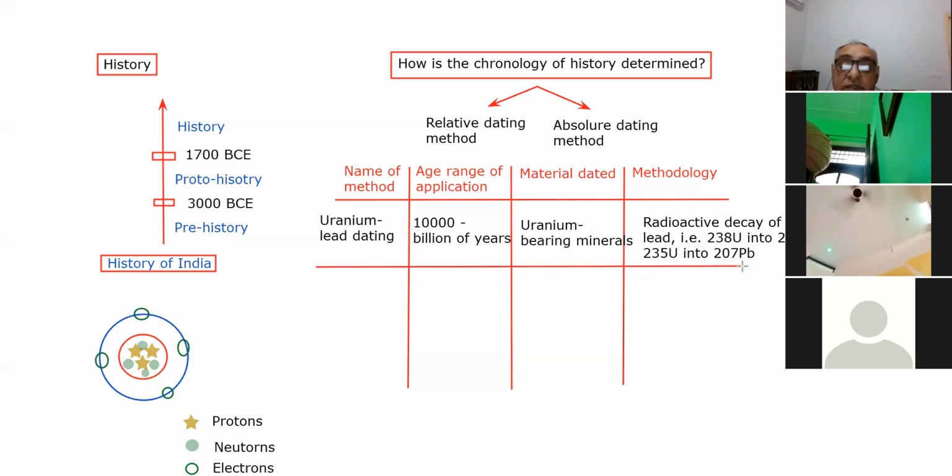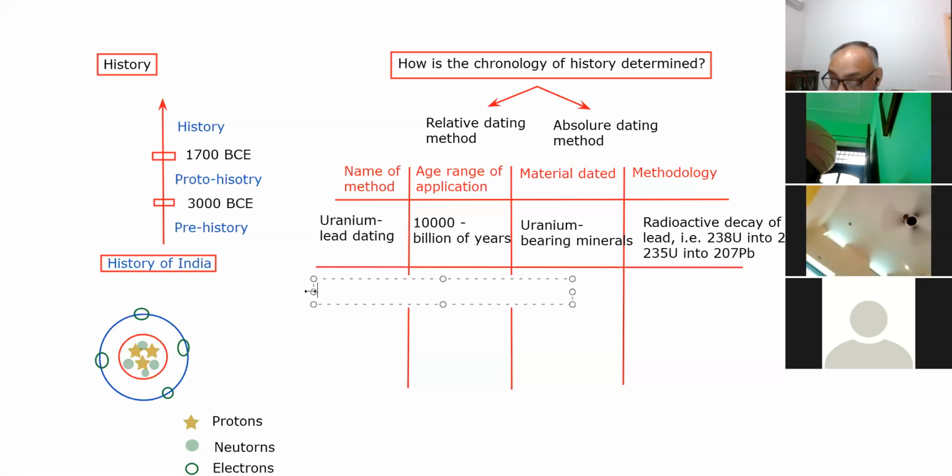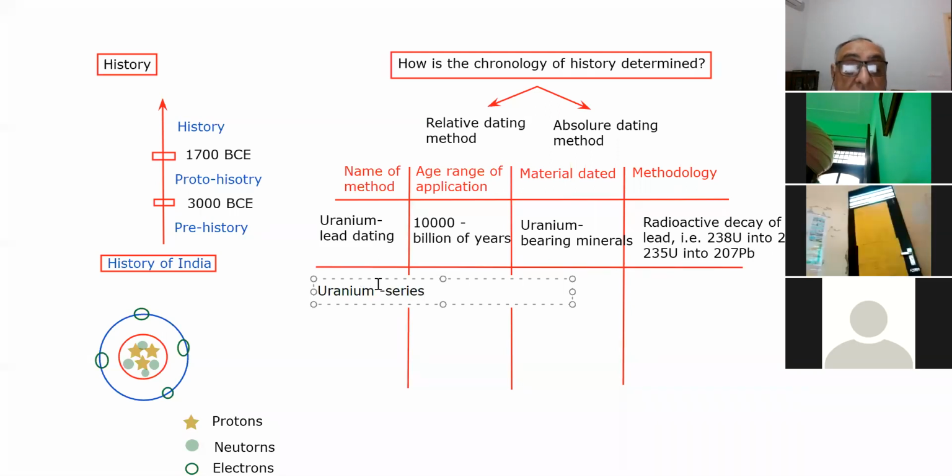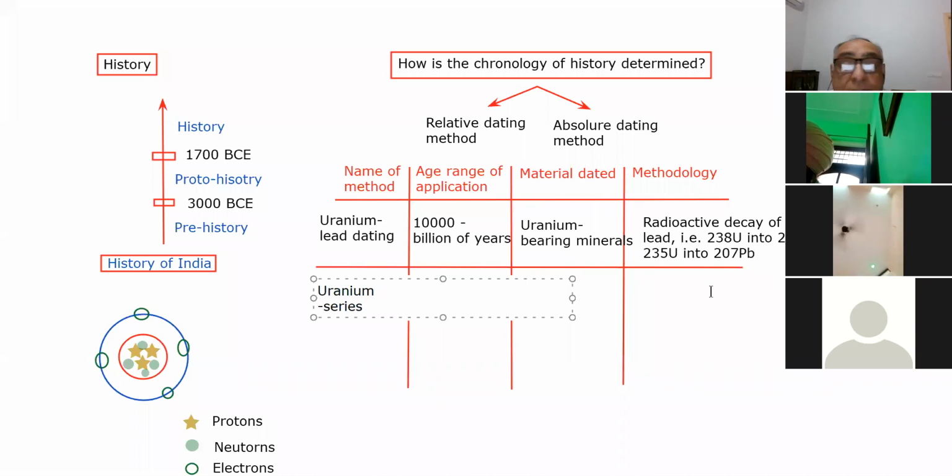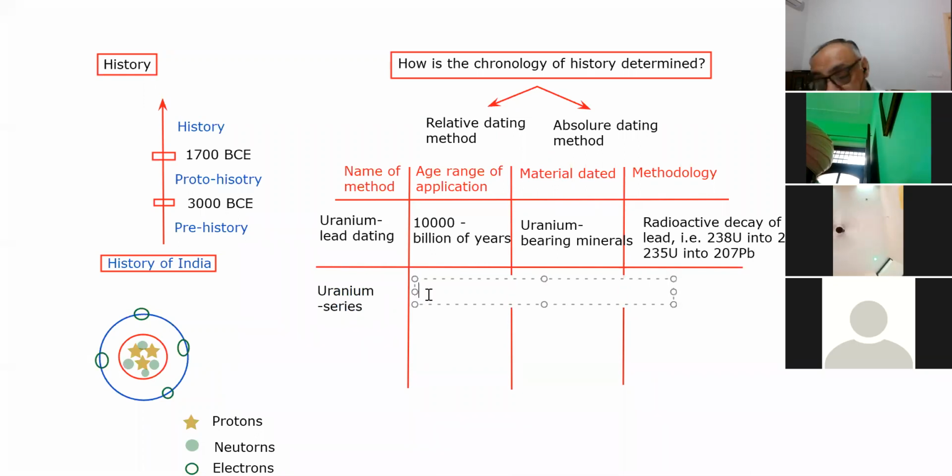So the next method is the uranium series dating method. This method is used for determining the age of material which is from 1000 years to 5 lakh years old.